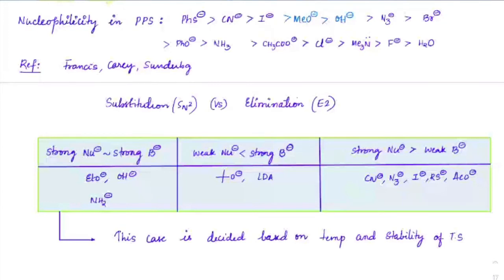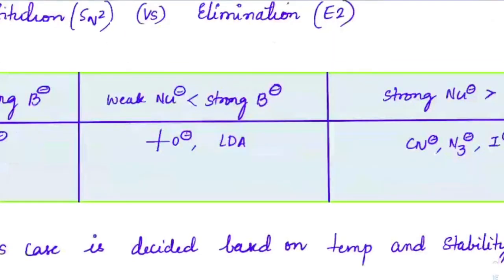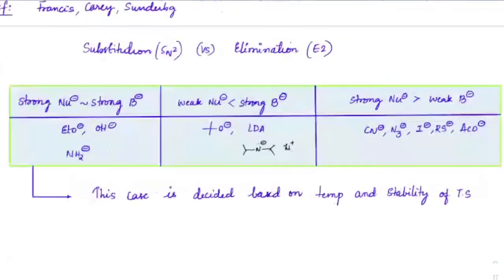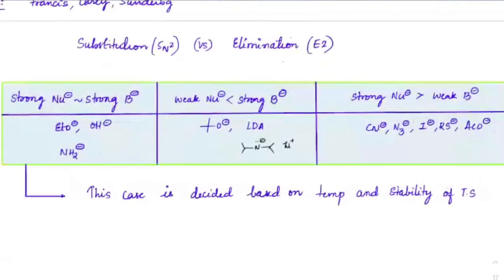But here there is a clear distinction. If you take cases like tert-butoxide or LDA, LDA is this N minus Li plus, lithium diisopropylamide.